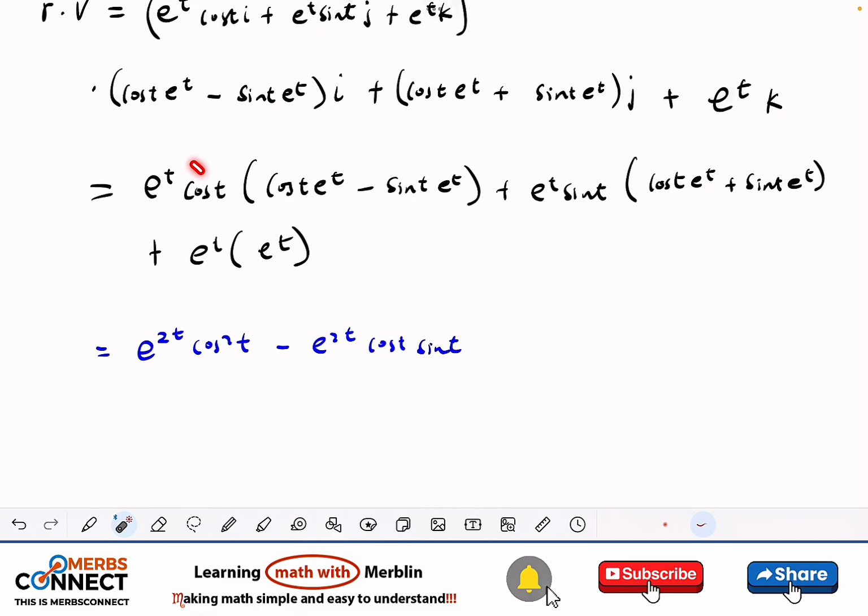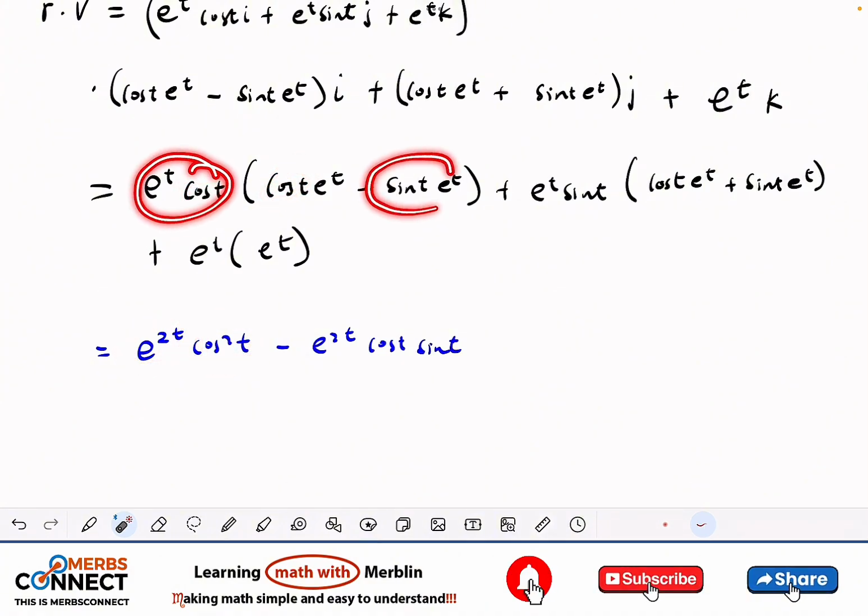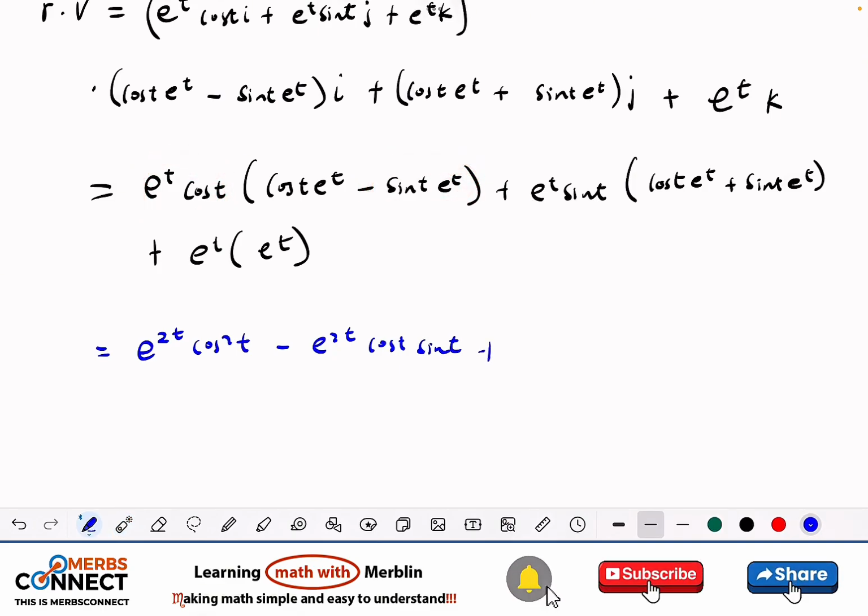So when I multiply this to this, e to the power t times e to the power t will give us e to the power 2t, cos times cos is this, and then when I finish, I multiply this one to this. Then plus the same thing here, this is going to give us e to the power 2t cos t sin t, right?